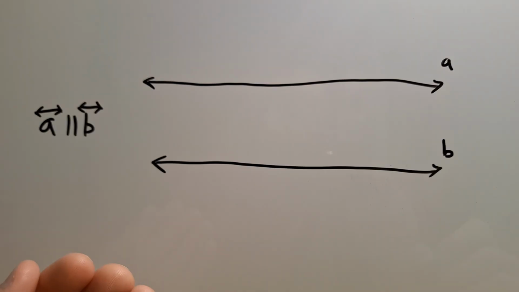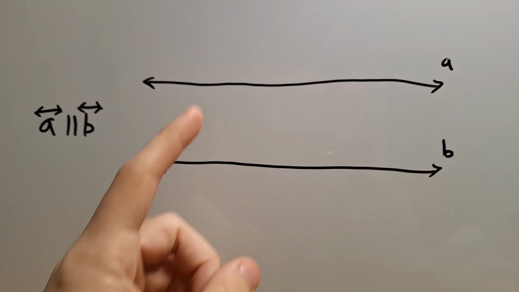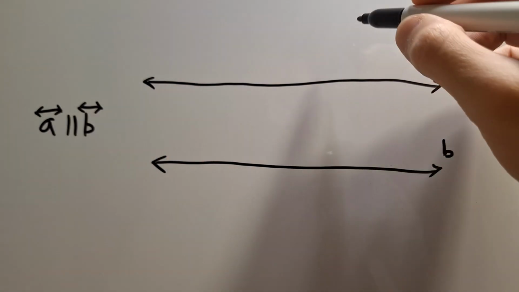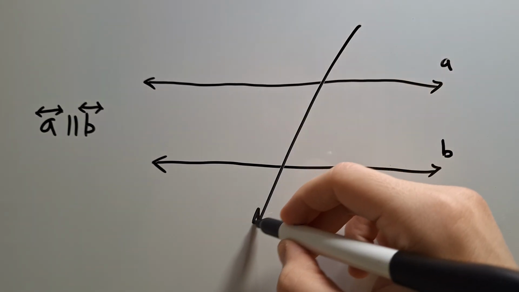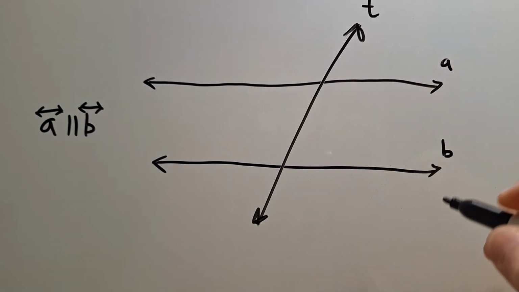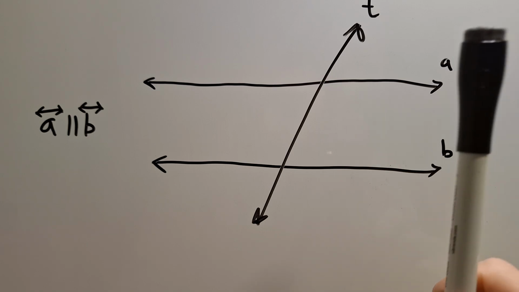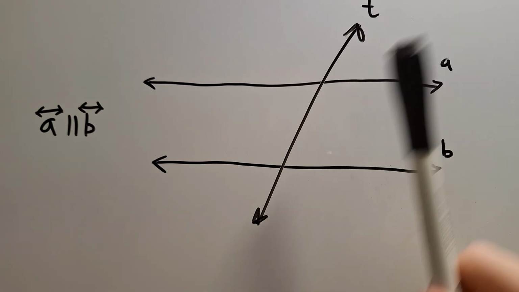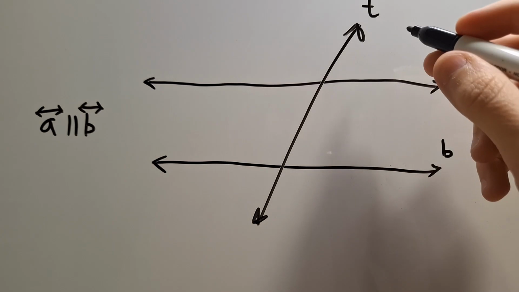So we can find congruent angles when two parallel lines are crossed by a third line, which I will label as T. Parallel lines crossed by a third line here, which is called a transversal.